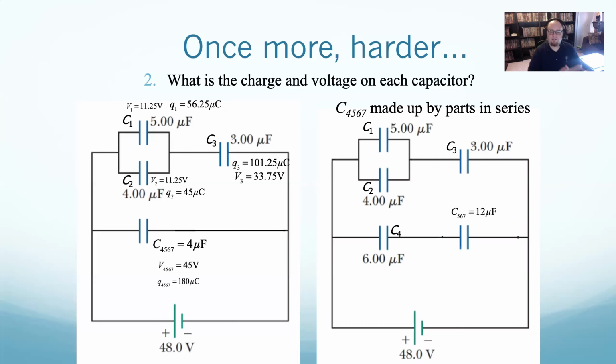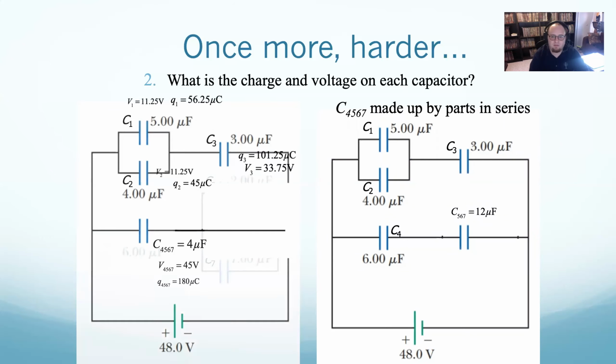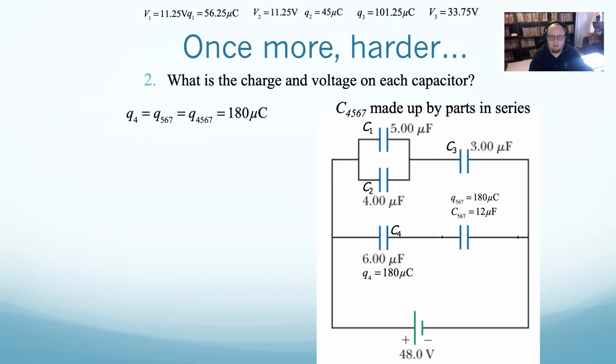These were in series. That means they each have the same charge. But the charge on 4, 5, 6, 7 is 180 microcoulombs. That means the charge on capacitor 4 is 180 microcoulombs, and the charge on C567 is 180 microcoulombs. I was running out of space, so I moved some stuff up top.